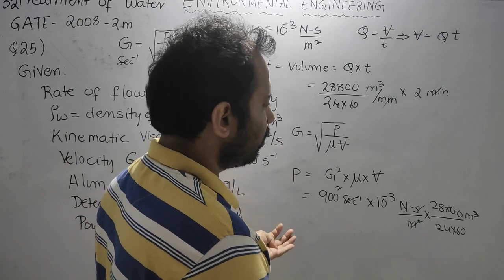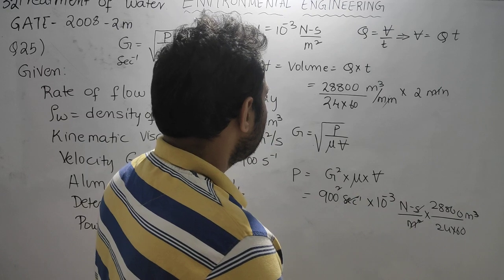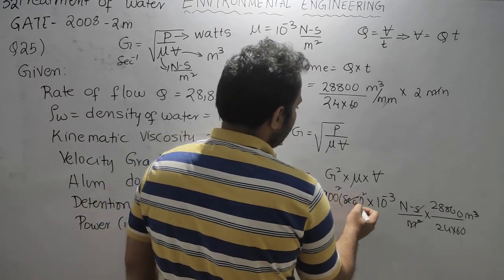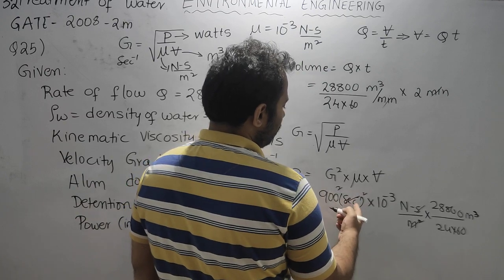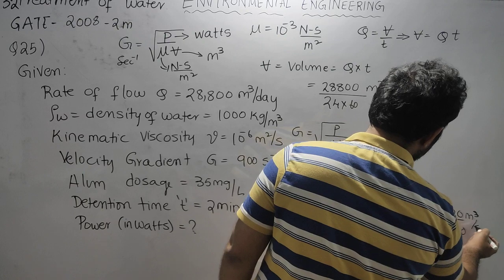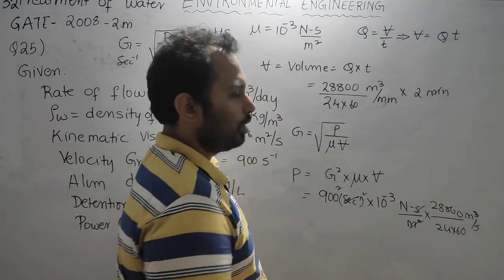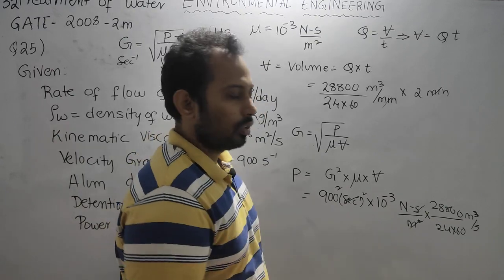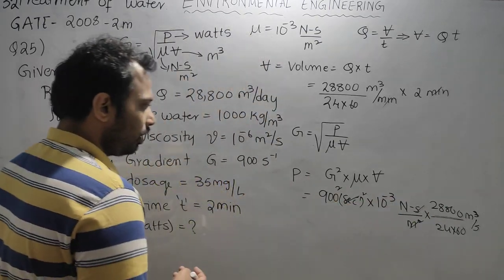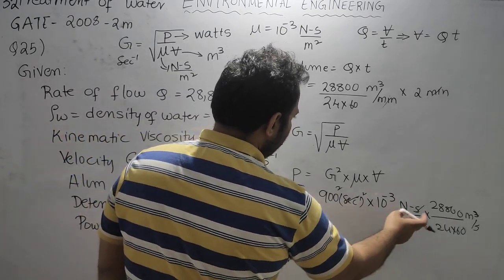Newton meter is work done, F into S. Here it will be second inverse square, so 1 second inverse will be left, that means Newton meter per second. By time T it is nothing but power, rate of work done is power. So unit wise it is correct, so just simply multiply it, you will get the answer.